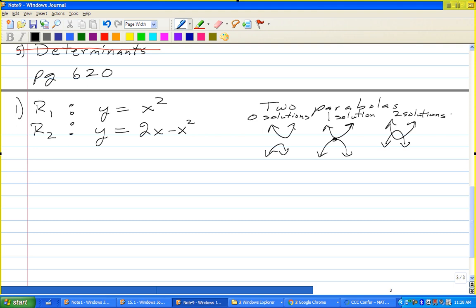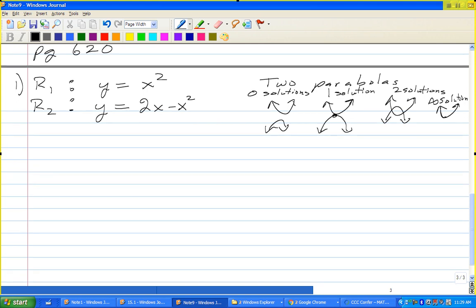Of course, you could have an infinite number of solutions also, if they were the same. Okay, so those are the possibilities: 0, 1, 2, or an infinite number of solutions.